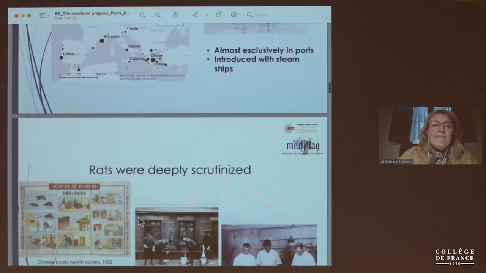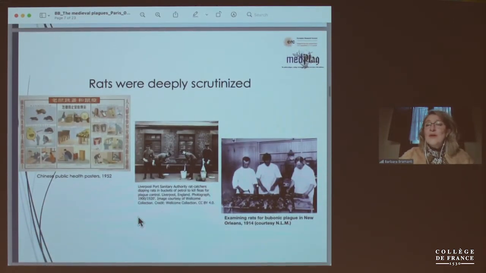And since they were very aware of this mechanism, which was observed by Paul Louis Simond in 1894, that the rats were responsible for the transmission of plague, rats were deeply scrutinized everywhere in China, in America, but also in Europe.